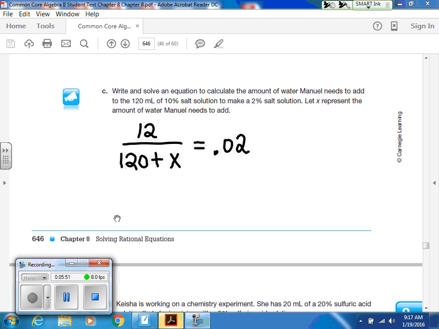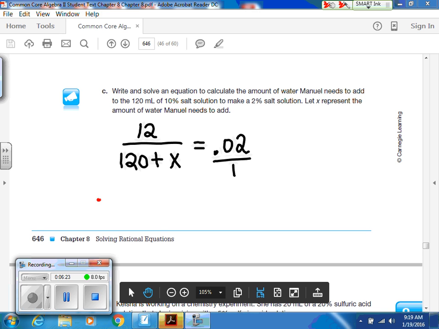Alright, can you solve that? I hope you can. You can. Okay, so what do I do first to solve it? Put this over 1, and now do you know what to do? Yeah! Good. Go ahead, cross multiply.